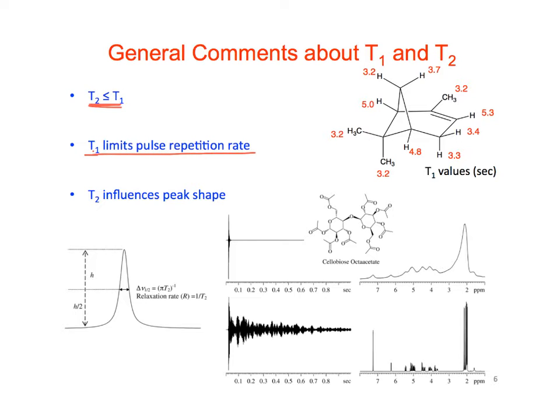Because to get complete relaxation, we should do 5 times the T1 value. Okay, this allows all the signal to get back into the plus Z, into its equilibrium position before we pulse again.